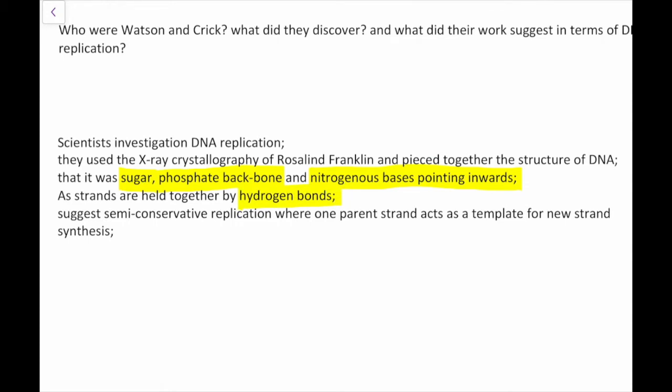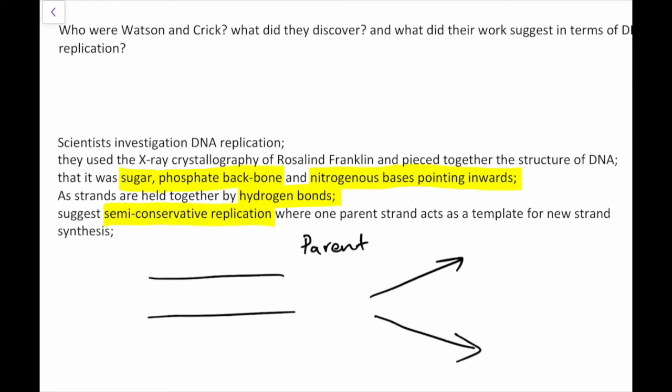Now, because it was hydrogen bonds between the two strands, this suggested semi-conservative replication, and we'll come to that. It's where if we have two parent strands, when we copy DNA, each new double-stranded molecule will have one strand which was from the parent and one which is newly synthesized.